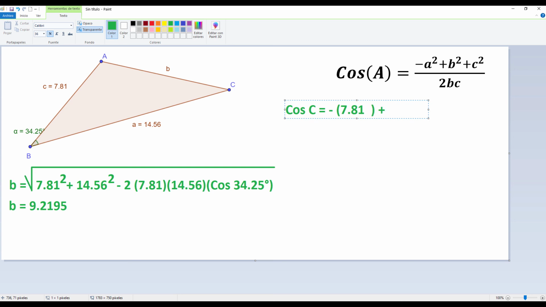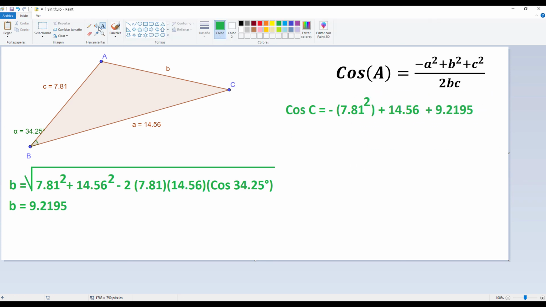Square plus square plus square square, divided by.